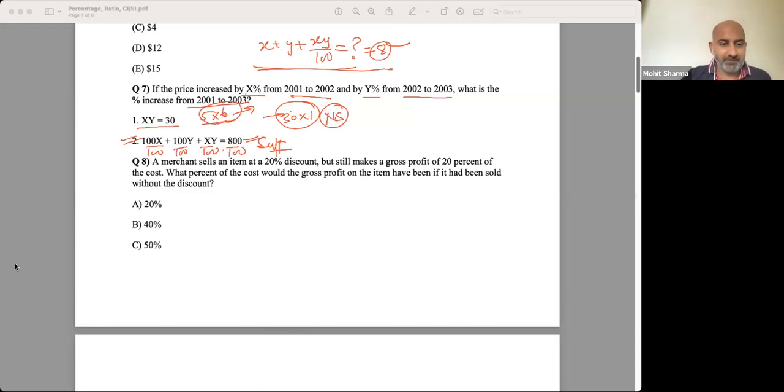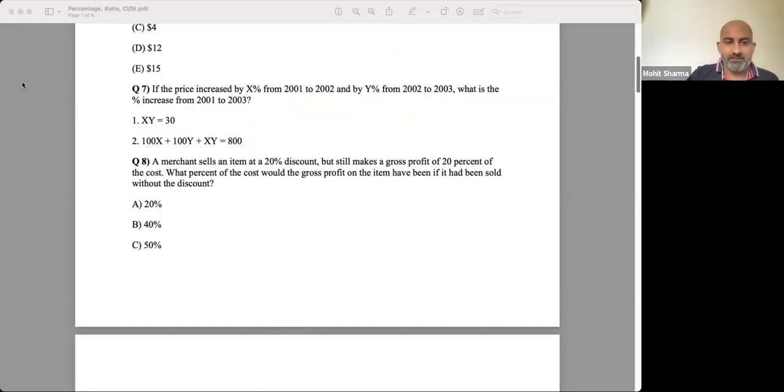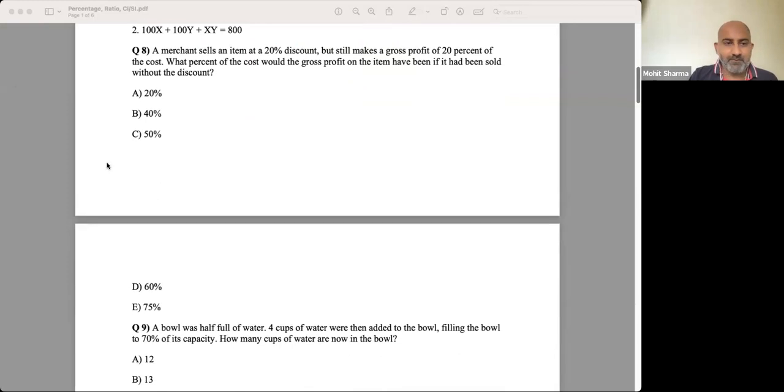Let's see the eighth one. Merchant sells an item at 20% discount, but still makes a gross profit of 20% of the cost. Let's say S is the selling price and C is the cost.